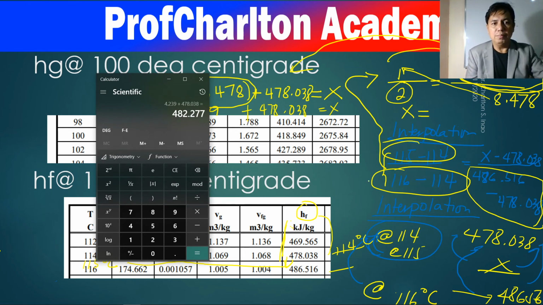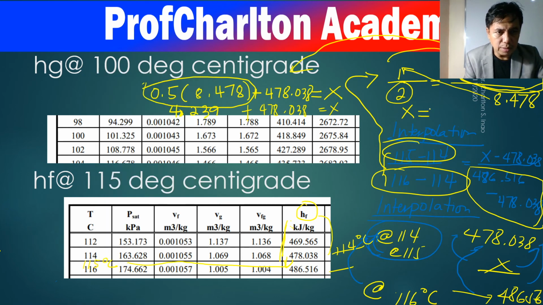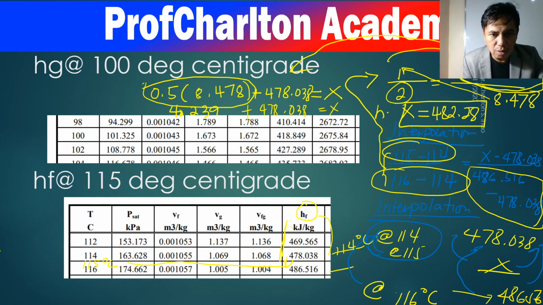Now we rounded that off. 482.28. So this one is the enthalpy of fluid at 115 degrees centigrade. Let me put that here.